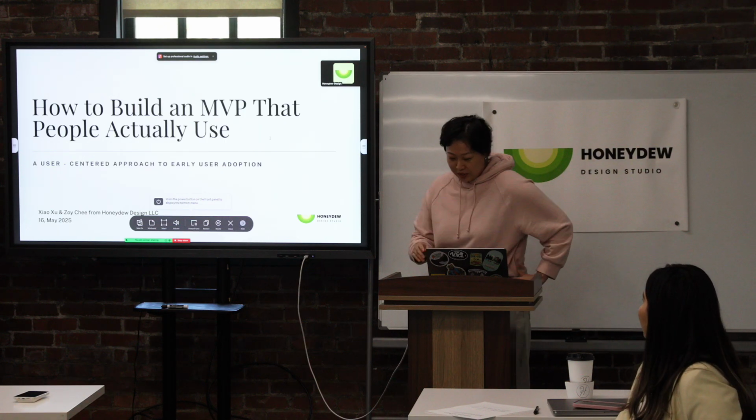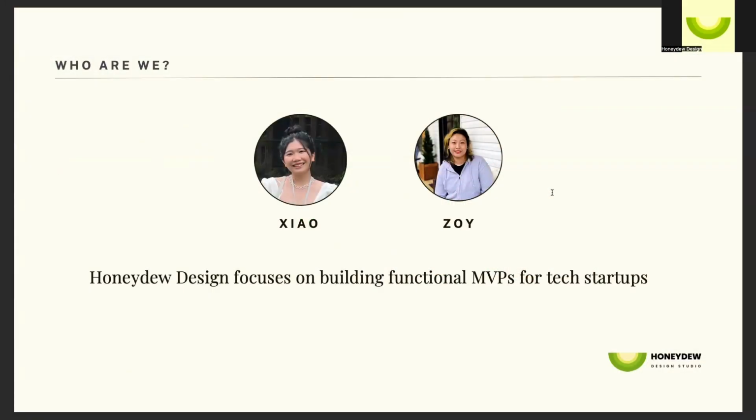Okay. First of all, please allow me to introduce our background a little bit more. Xiao and I are the co-founders of the Honeydew Design Agency, and our design agency mainly focuses on creating or designing MVPs or tech products for our clients.